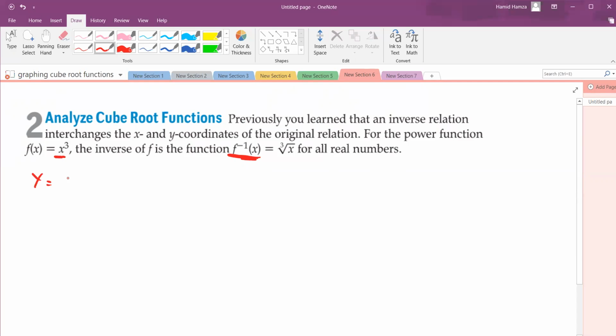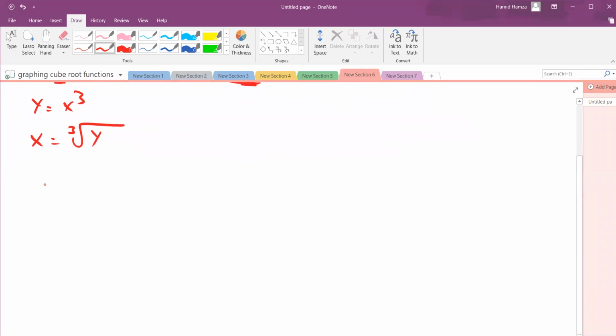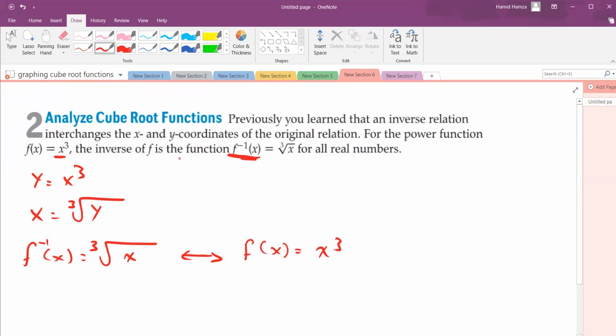It will be y = x^3. We take the cube root of both sides, so x = cube root of y. After that, we change y to f^-1(x), and x will be the cube root of x. That means f(x) = x^3 and the cube root of x are inverse to each other. Any question, guys?